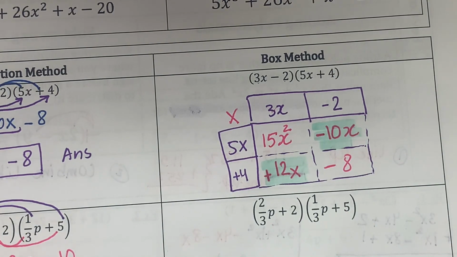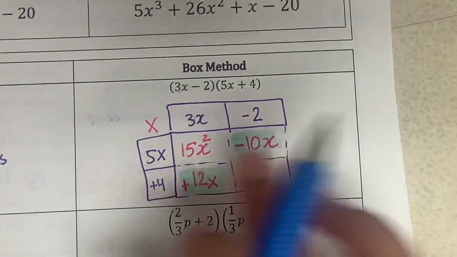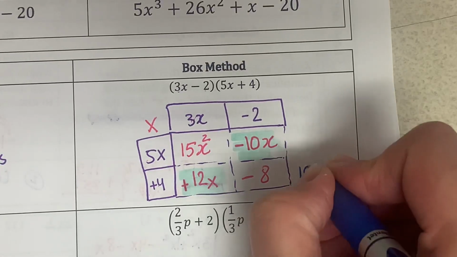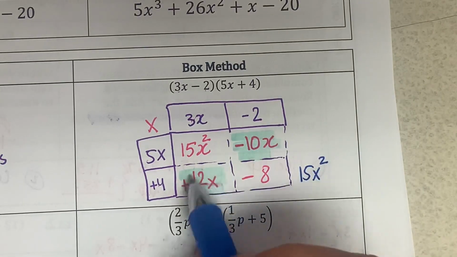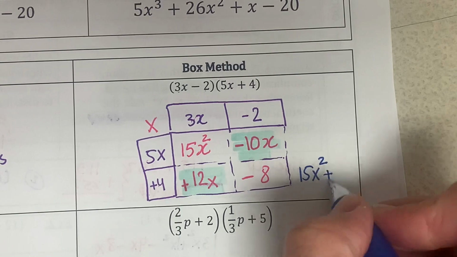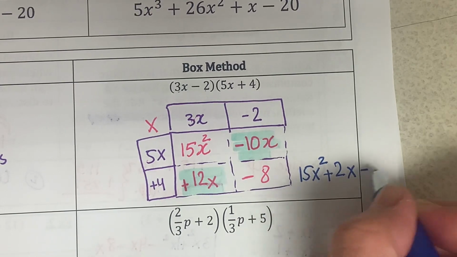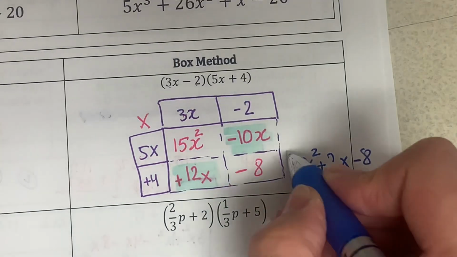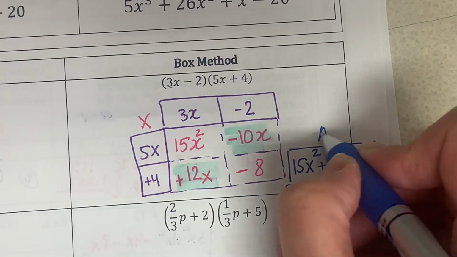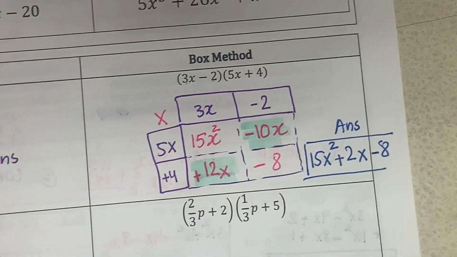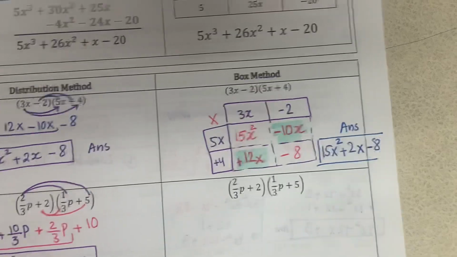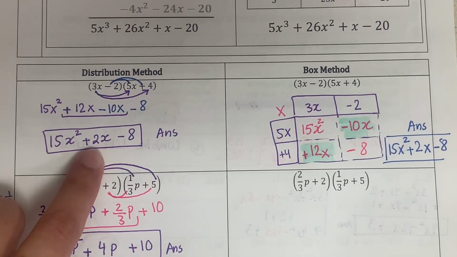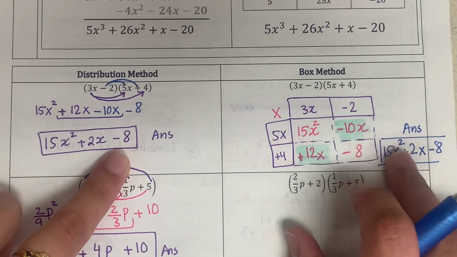So your final answer should be the same: 15x squared, 12x minus 10x is positive 2x, and then minus 8. So even in the box method, your answer is the same as here. Look at that, 15x squared plus 2x minus 8, and then this one as well.